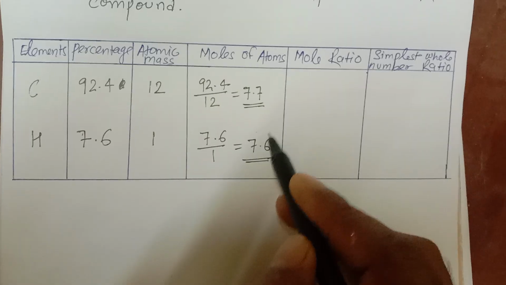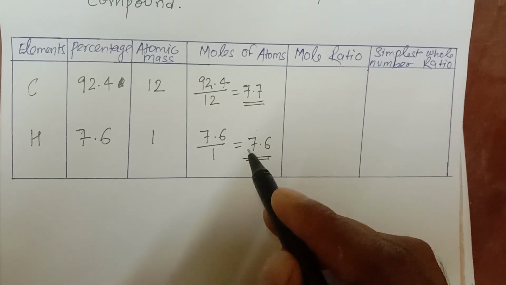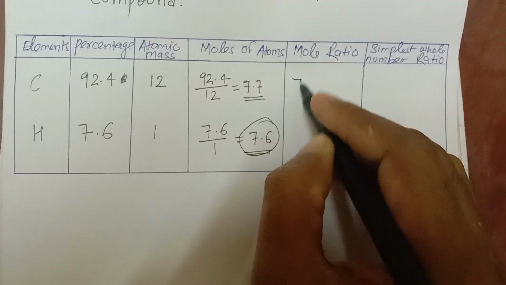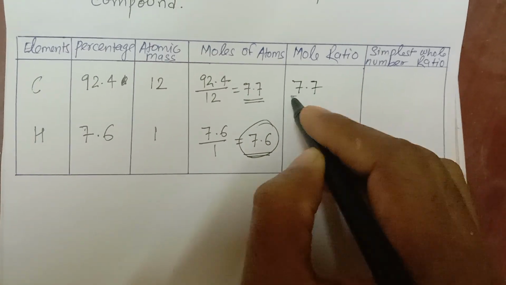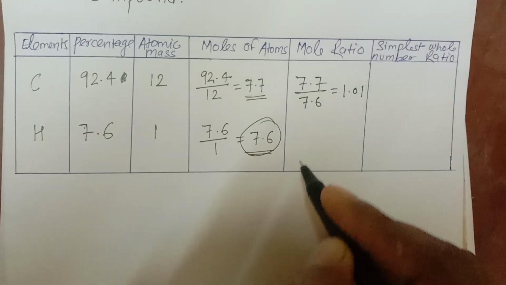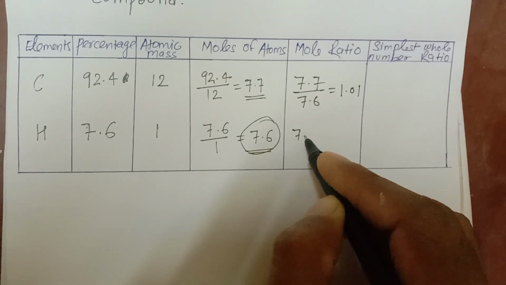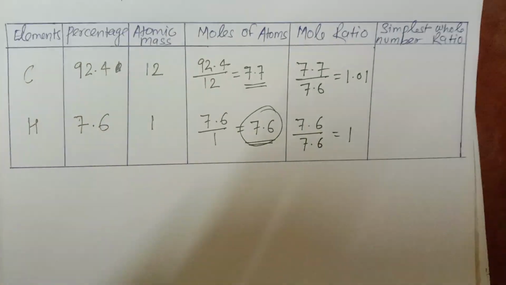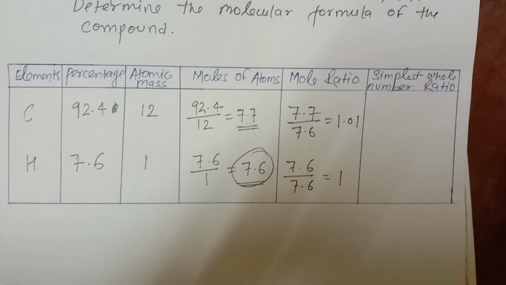So you have to divide all the numbers of moles by the smaller value. This 7.7 will be divided by 7.6, and you will get 1.01, and this 7.6 also will be divided by 7.6, and you will get 1.